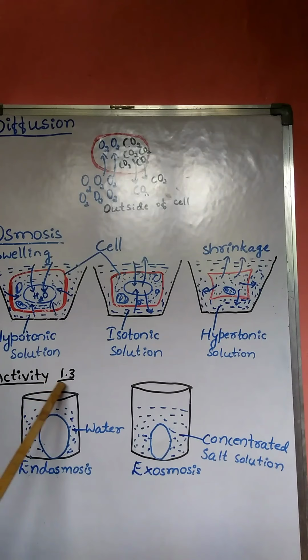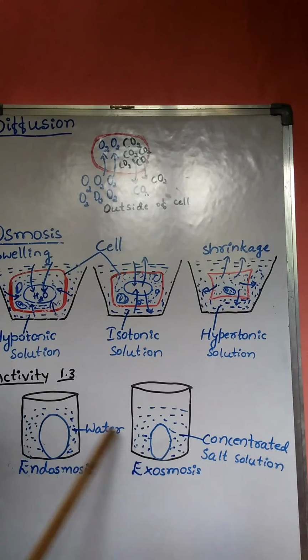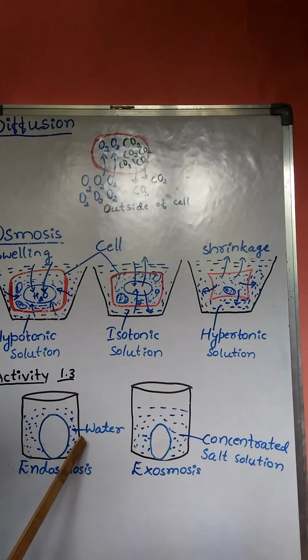Now let us discuss activity 1.3, demonstration of endosmosis and exosmosis. Dip 2 equal sized raw eggs in dilute hydrochloric acid, HCl, for about an hour.